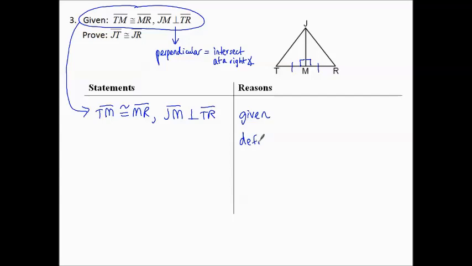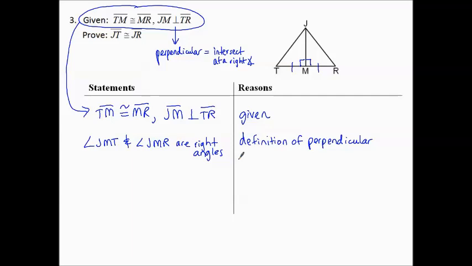That is the definition of perpendicular lines. Perpendicular lines means they intersect at a right angle. So I'm going to say that angle JMT and angle JMR are right angles because I know that's what perpendicular means. They're making a right angle.